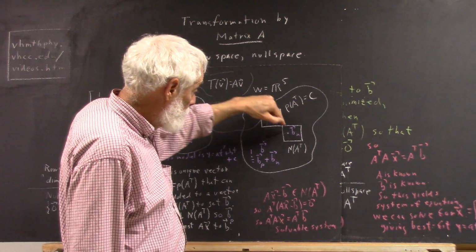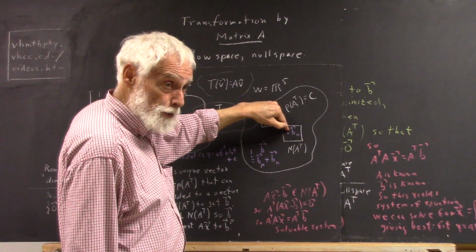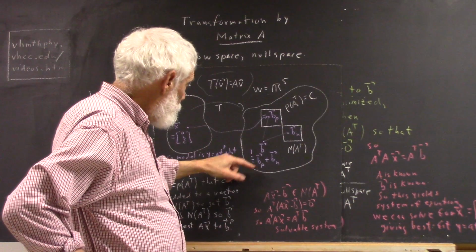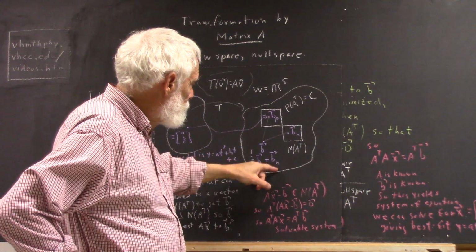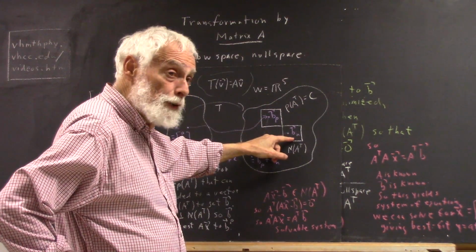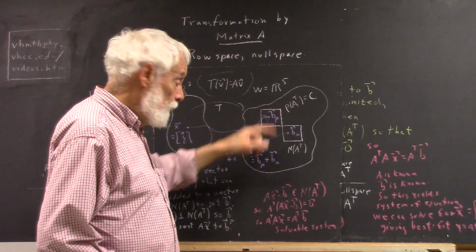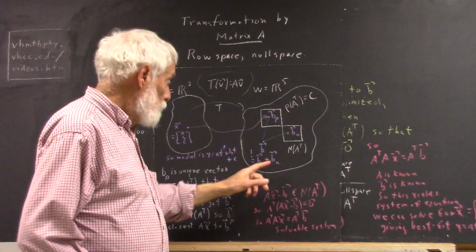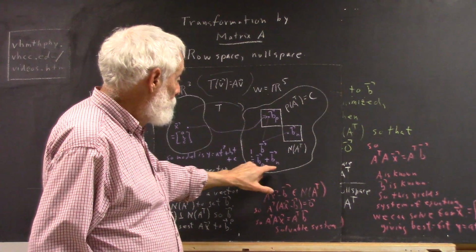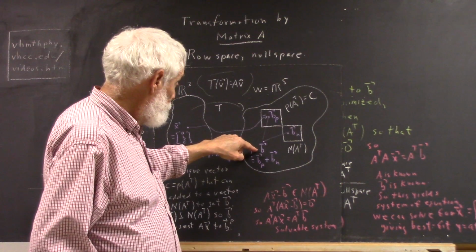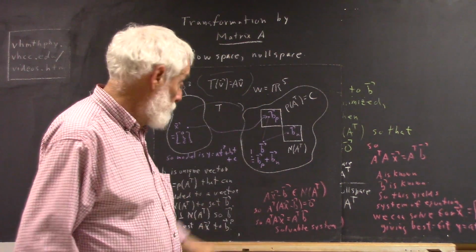A vector in the column space, a vector in the null space of A transpose. So B is uniquely a B sub row plus a B sub n. B sub row here, B sub n here. By unique, that means there's only one B sub row and only one B sub n that can be added together and give you this specific vector B that corresponds to our data, remember.